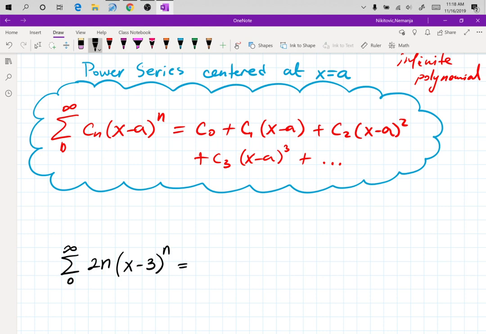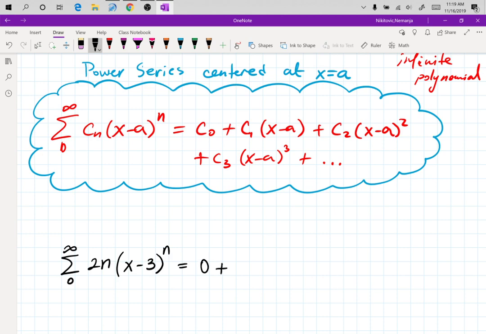So this works out to be an infinite polynomial. When n is equal to 0, it kills everything because it will be 2 times 0 times something to the 0, which is 1. So it will be 2 times 0 times 1. So the first term is 0 plus.